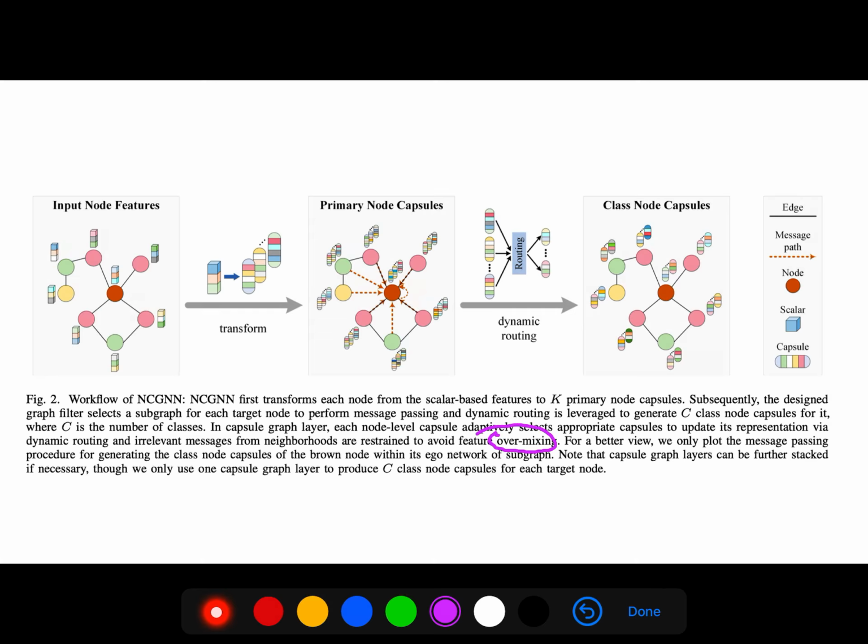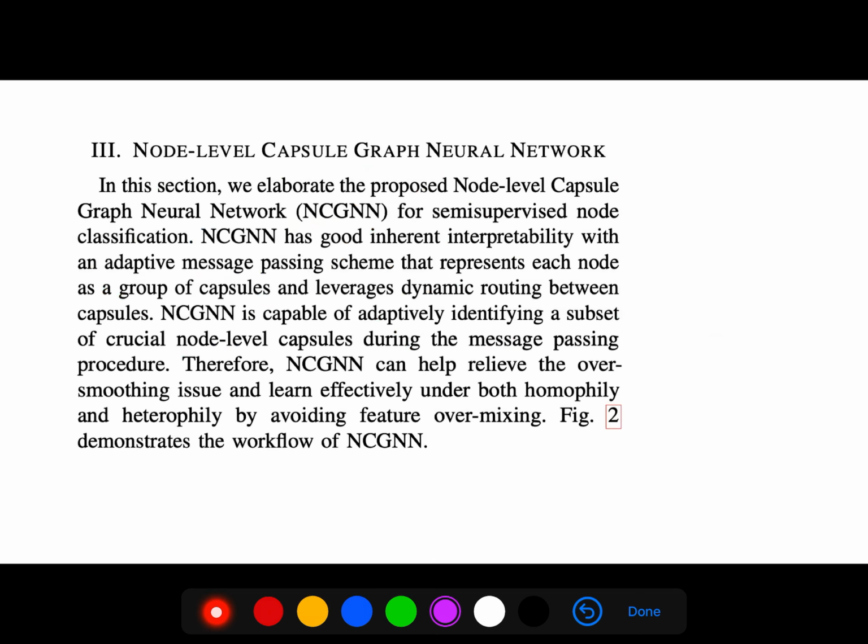The capsule layers can be further stacked if necessary, though we only used one capsule graph layer to produce C class node capsules for each target node. After dynamic routing, we have class node capsules. These are primary node capsules, then we have class node capsules. The important thing is we go from node level to capsule level by this transformation.